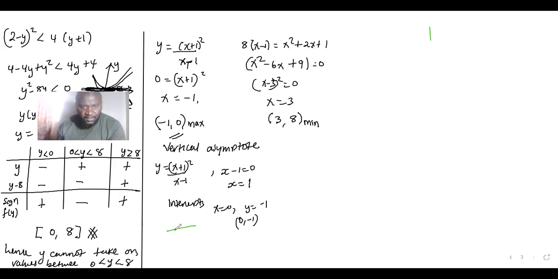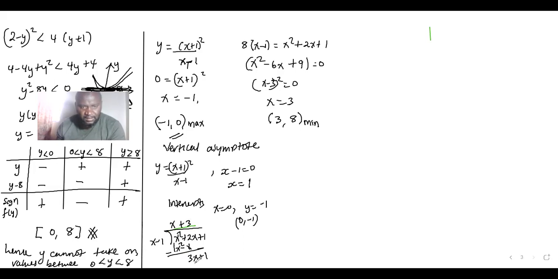So we can do long division here. x squared plus 2x plus 1 divided by x minus 1. You get x, then x minus 1 times x is x squared minus x. When you subtract, we shall get 3x plus 1, so plus 3.